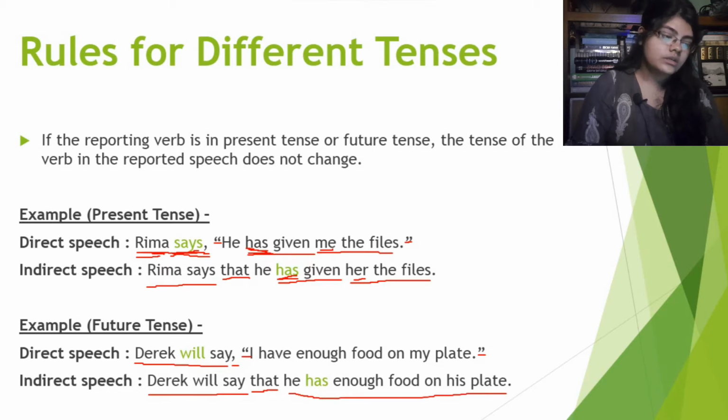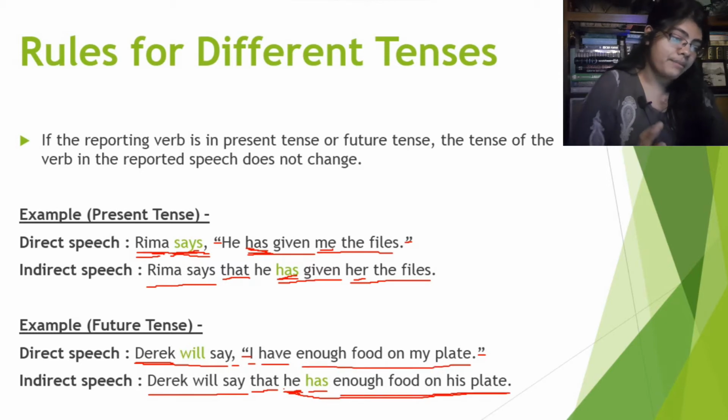Because the speaker is Derek, I will be changed into he. Now have will be has. Why is that? Because of the presence of he, which is in third person, that's why the have will be changed into has. And enough food on my plate will be enough food on his plate.